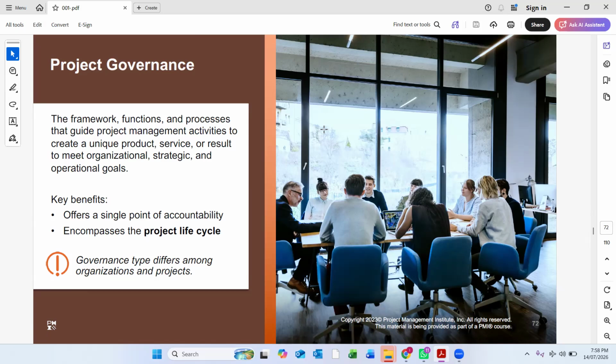Actually, the key benefits are that it offers a single point of accountability and encompasses the project life cycle. Project governance differs, whether you are talking about corporate governance or project governance, from organization to organization.